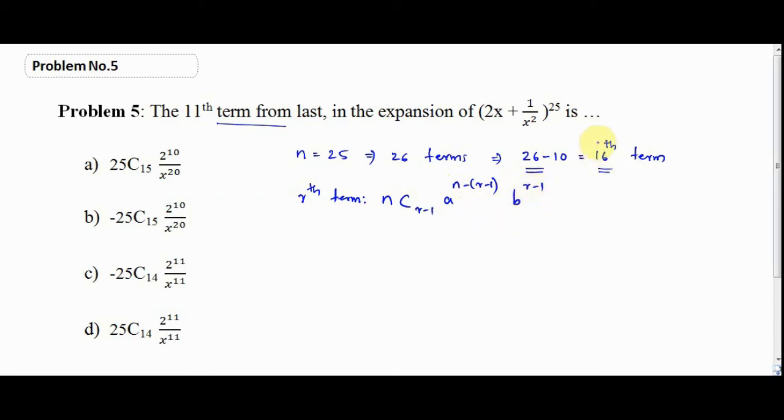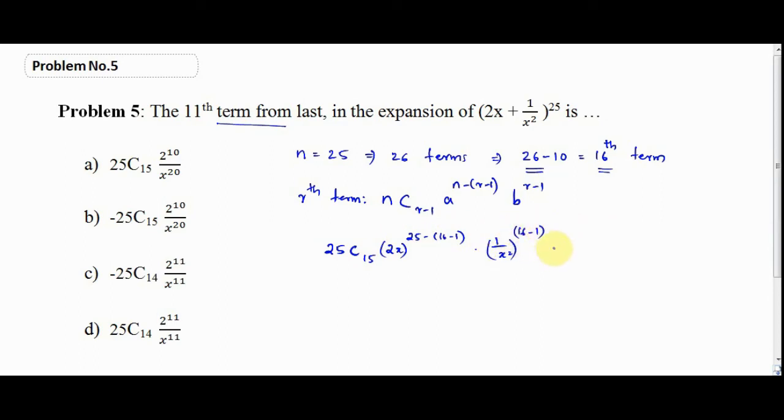We are asked to calculate the 16th term, so that will be 25C(16-1), that is 15, into, in place of a we have 2x, so (2x)^(25-16+1), that into (1/x²)^(16-1).